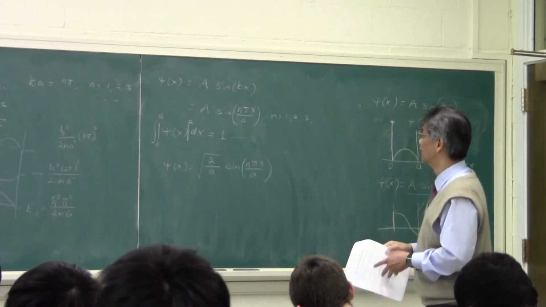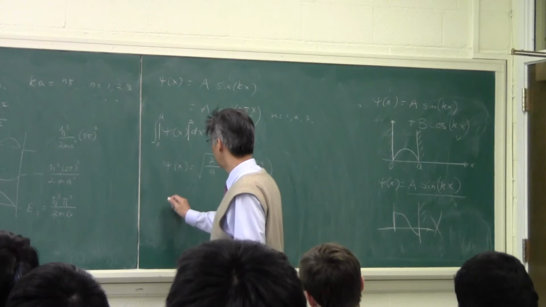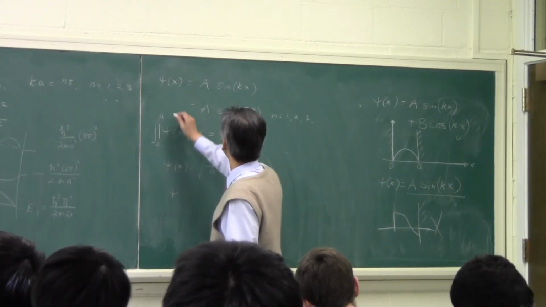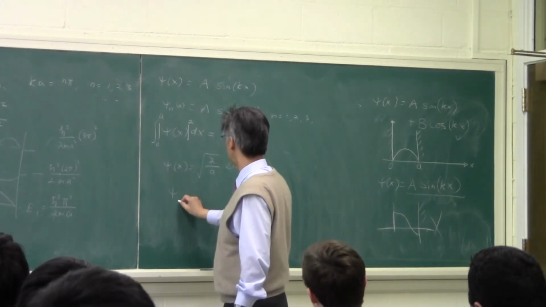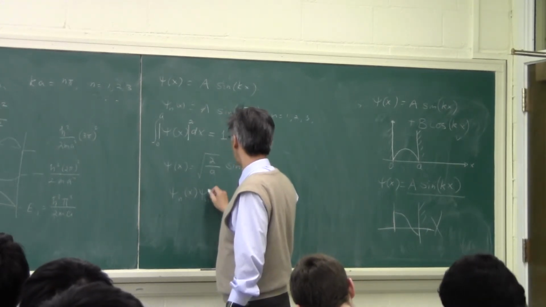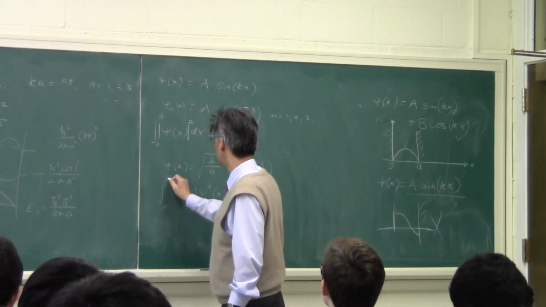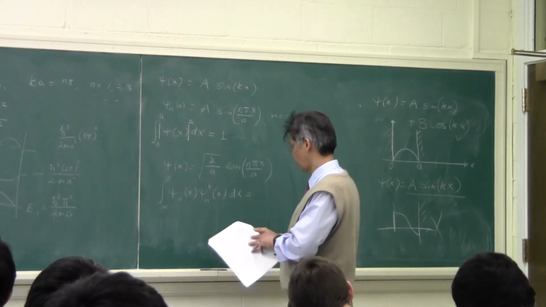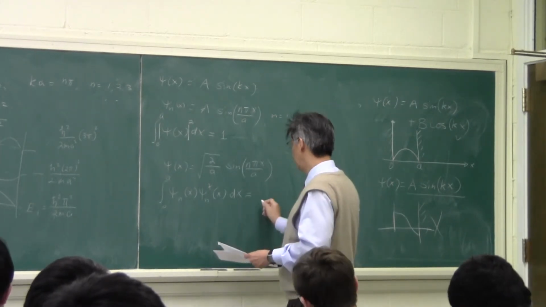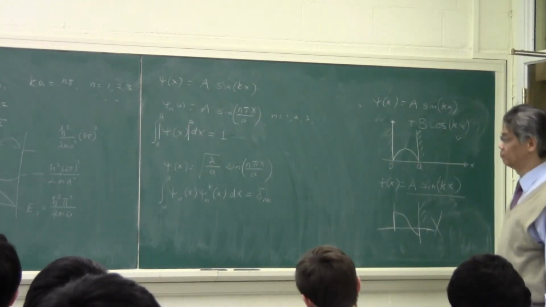Okay? And you can also show orthogonality. That it should be the integral of ψn(x) ψm conjugate(x) dx from 0 to a, equal to delta nm.